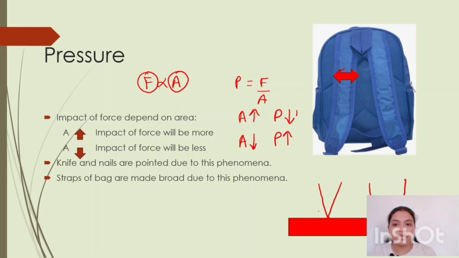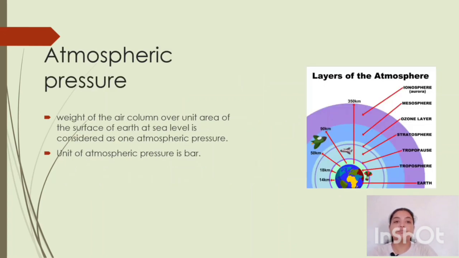Here the contact area is less, but here the contact area is more. So obviously this type of knife will apply more pressure, whereas this type of knife applies less pressure. With more pressure, the vegetables will cut very well. With less pressure, the vegetables will not cut properly. This is the impact of pressure.